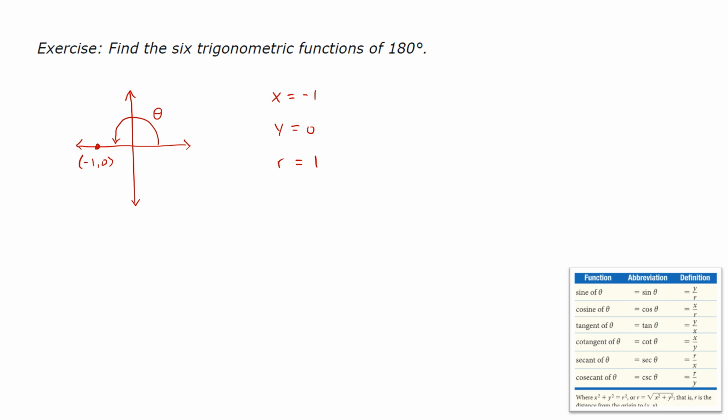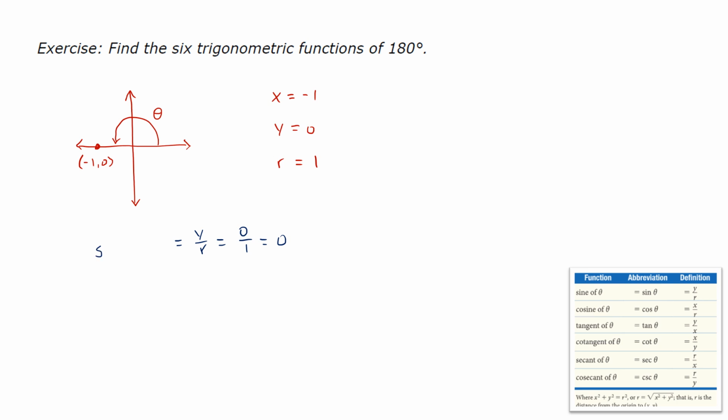Okay, so I have the sine of theta, which is y over r, which would be 0 over 1, which is 0. I have the cosine of theta. Oh, we know our theta, so I can actually write in the degrees. Let me give myself some more space.